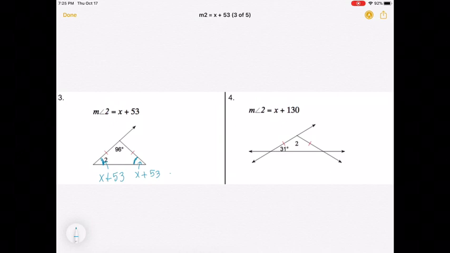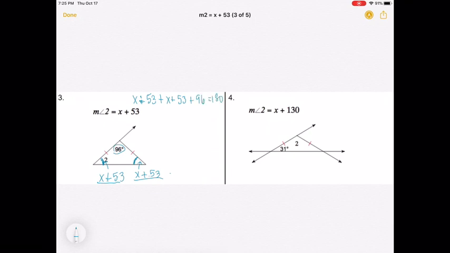I would go ahead and combine these two before I write it out, okay? But I can't forget the 96 in here as well. So if I didn't combine them, the x plus 53 plus x plus 53 plus 96 equals 180.